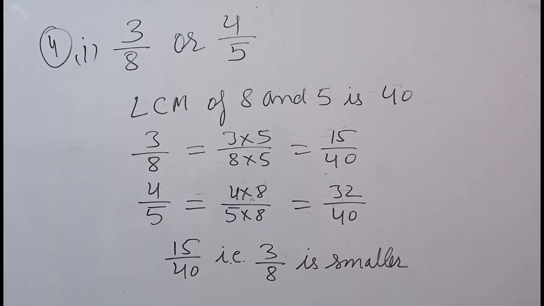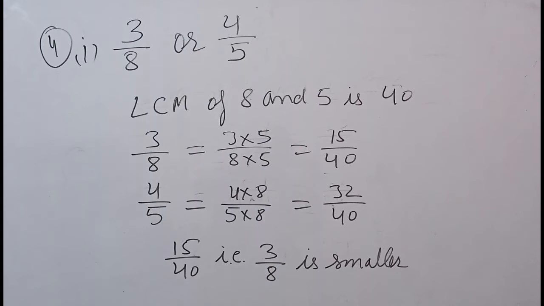So we have to convert both the fractions into like fractions with the denominator 40. For making 40 as a denominator in the 3 upon 8, we have to multiply 5 into 8, and the same number we will multiply in the numerator part, that is 3. So 3 into 5 we get 15, and 8 into 5 we get 40. So 15 upon 40 we get as the first fraction.